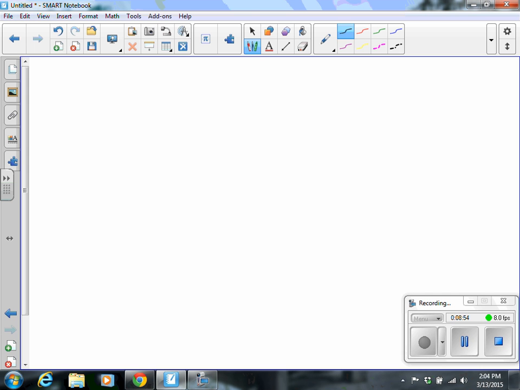Okay, so let's talk about the sigma notation and the summation notation here. Let's say I'm going to get a little bit fancier here. This n equals 2 represents my first term.